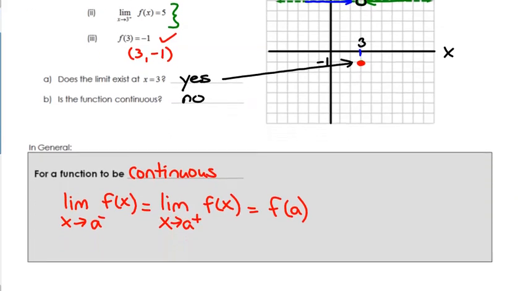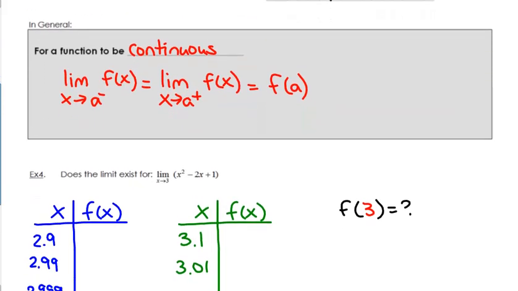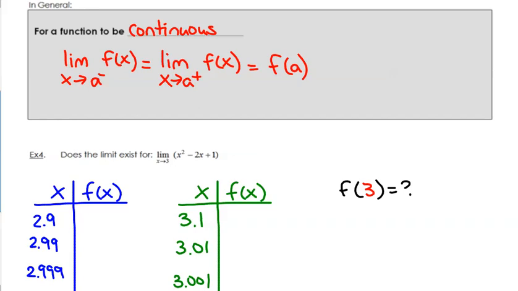So that other thing I wanted to talk to you about is continuity. For a function to be continuous, the left hand and the right hand have to match, but it also has to match with the coordinate itself when you sub a into that function. It can't just be looking at the left hand and right hand bounds and making sure they match.